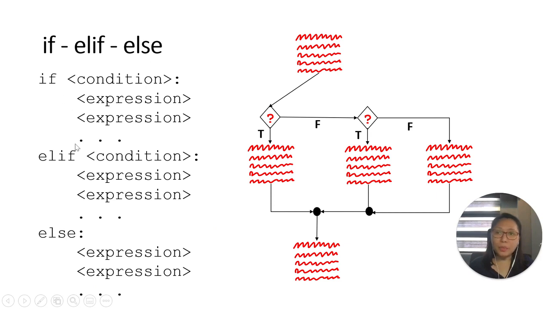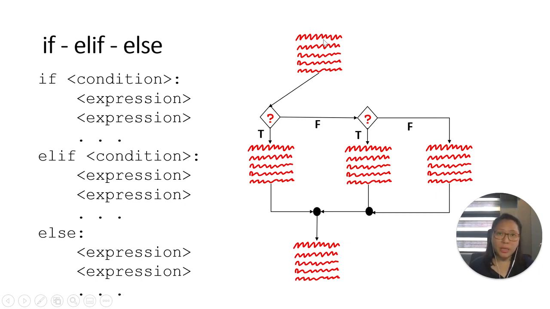Basically, we insert an elif construct between the if and the else. So here, if condition is true, these expressions will be executed. If this condition is true, this will be executed. Else, this last block of codes will be executed.